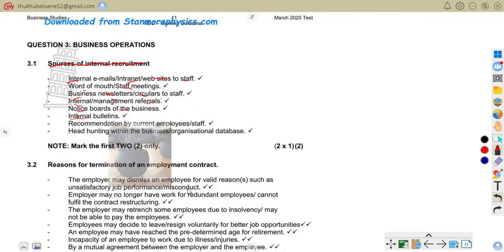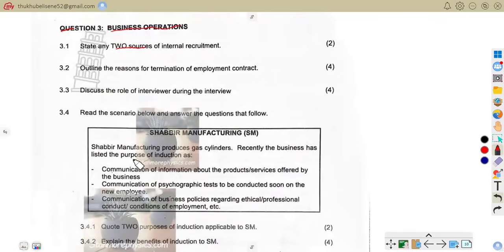So that is 3.1, and we are to go to 3.2. Outline the reasons for termination of employment contract.